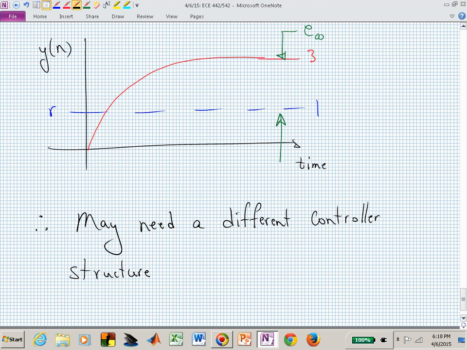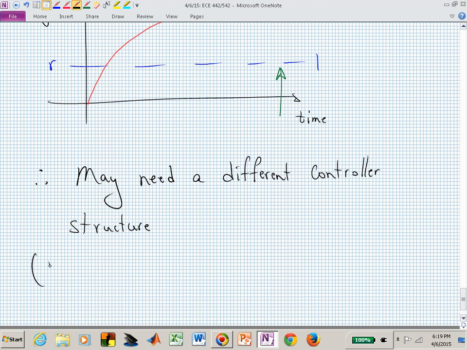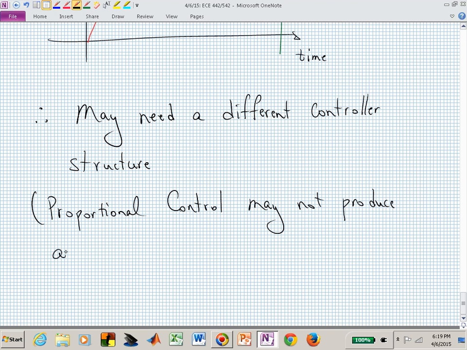Is that clear? That's what I'm meaning by we may need a different controller structure if you're not happy with that. This proportional control may not produce an acceptable steady state error.